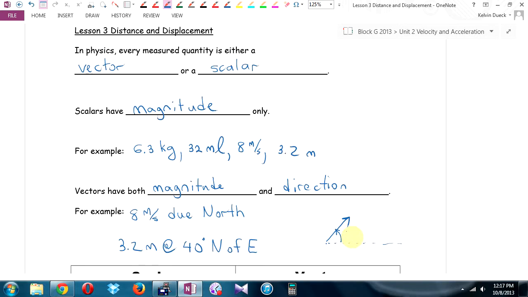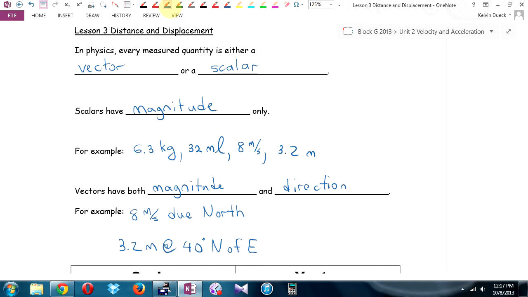And you draw the "of" first as a dotted line, and then you do the thing in front of the "of" as that's which direction you're going to go, how many degrees. There are other things, the other quantities that you'll learn this year that are vectors. Momentum is a vector, force is a vector, acceleration is a vector, energy is a scalar, work is a scalar. Blah, blah, blah. That's the big ones we'll look at this year, and then you'll learn a whole bunch more next year.